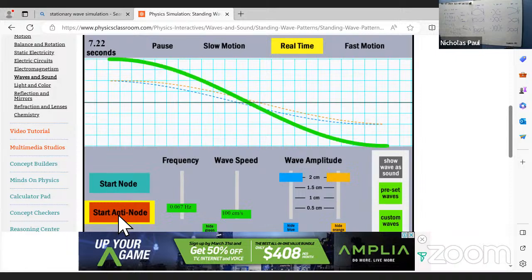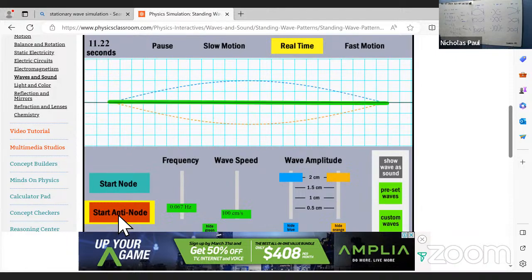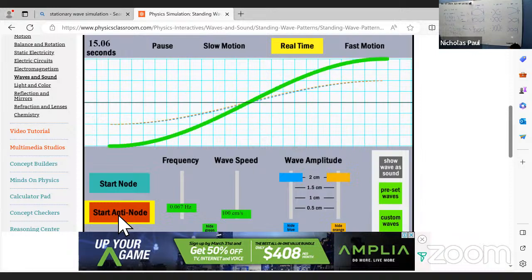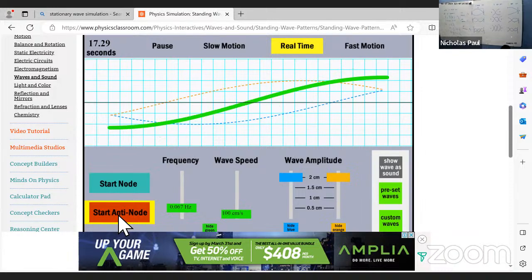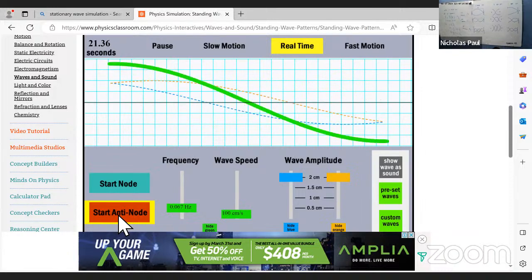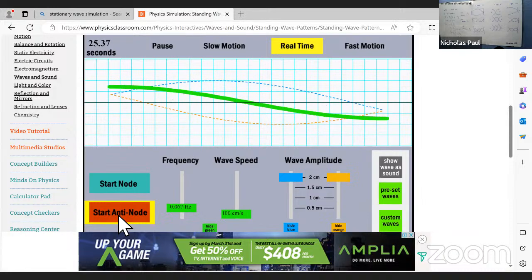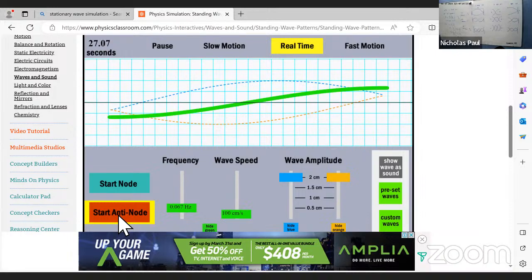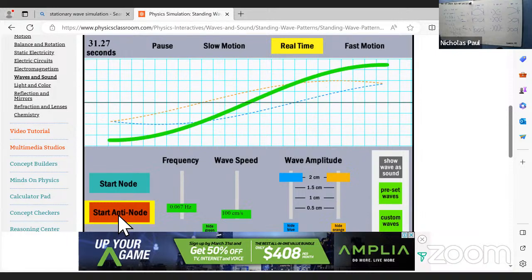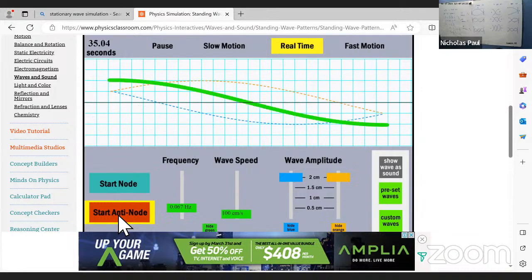Tell me the frequency for the second harmonic here.